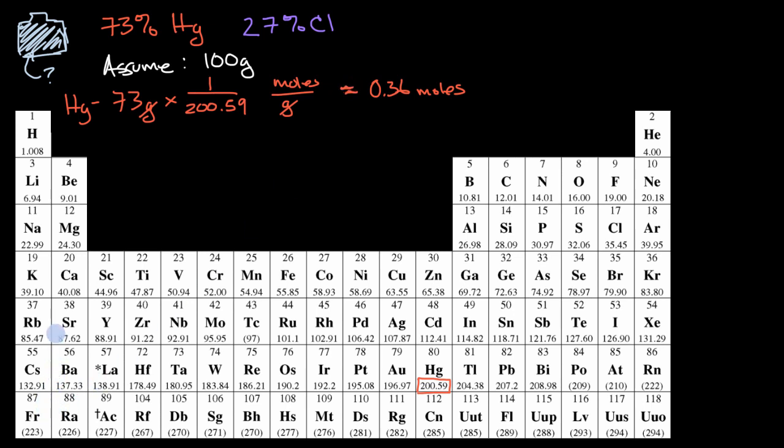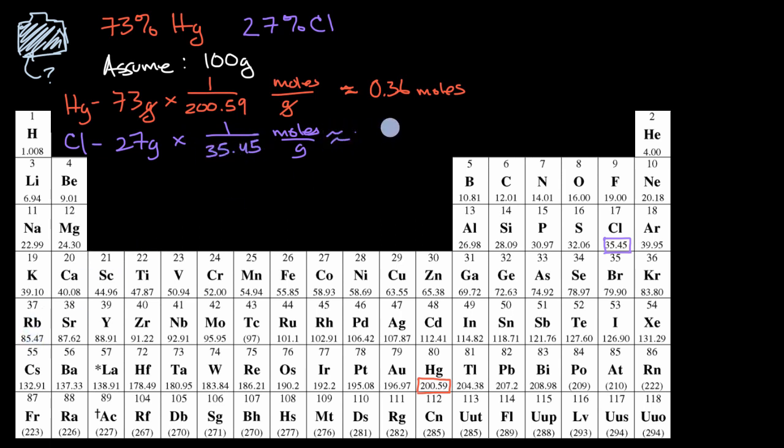And I can do the same thing with chlorine. Chlorine, if I have 27% by mass, 27% of 100, which I'm assuming is 27 grams. And then how many grams per mole? If I have 1 mole of chlorine, on average on Earth, the average atomic mass is 35.45 grams.